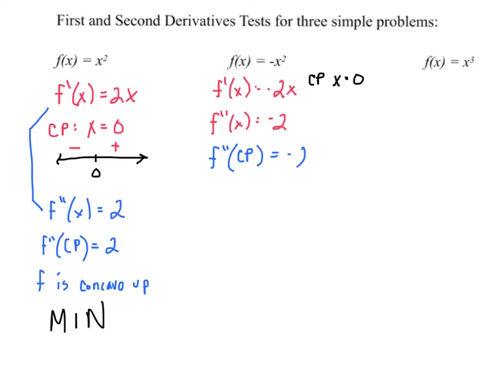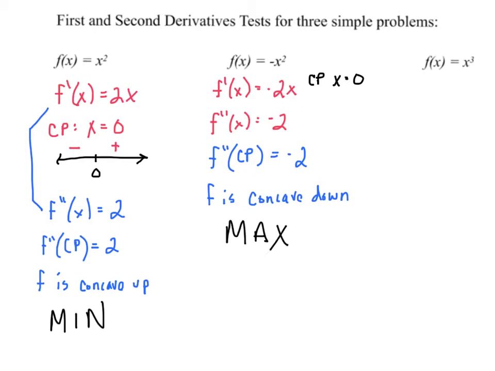We just get negative 2. Well, if I tell you the second derivative is negative, that means that the function is concave down. So once again, we rely on our concavity. We say there's a critical point, could be a maximum or minimum. The graph is concave down, so it has a shape kind of like this. Well, if it has that shape, it has to have a maximum.